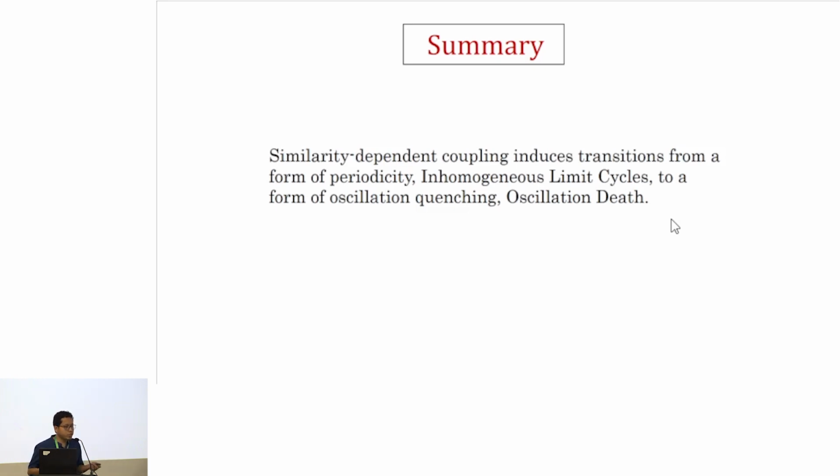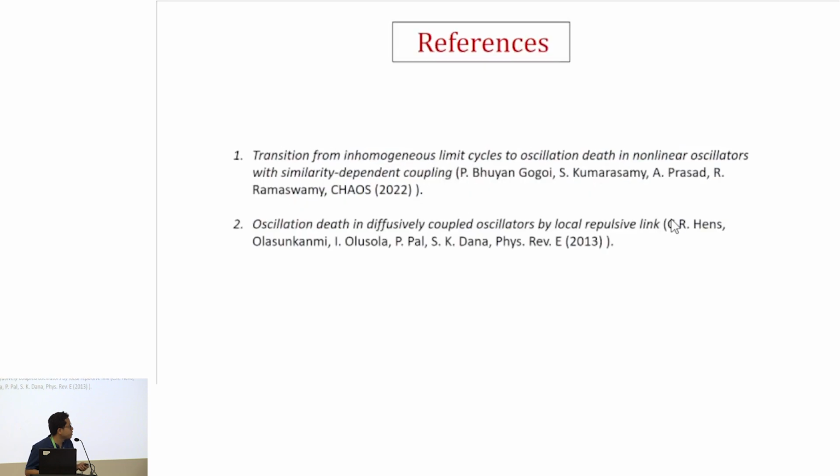There are many aspects which we have not studied yet, like extending this work to networks of oscillators, and also studying systems such as swarmalators from that perspective. These are the main 2 references from my talk today, and this is mainly based on work in collaboration with Suresh, Abdesh sir, and Ram sir.